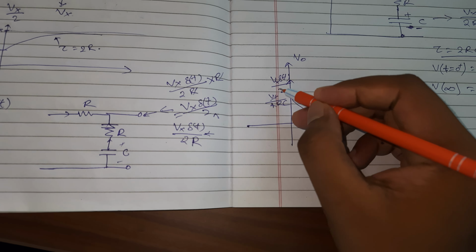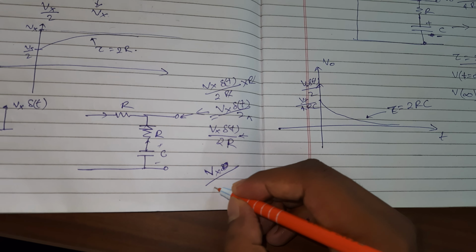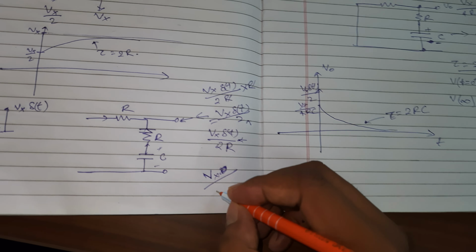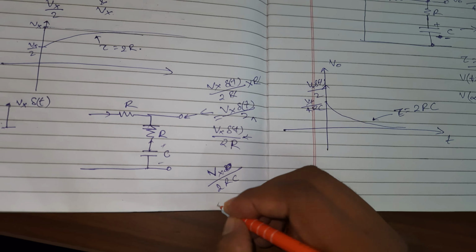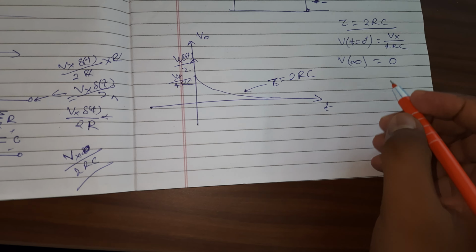So the voltage across this capacitor will be finite, Vx by 2RC. When the input is removed, this voltage will be distributed across the resistors, and it will be Vx by 4RC at t equals 0 plus, and eventually it will go to 0. We can see that it is already depicted well in this circuit.